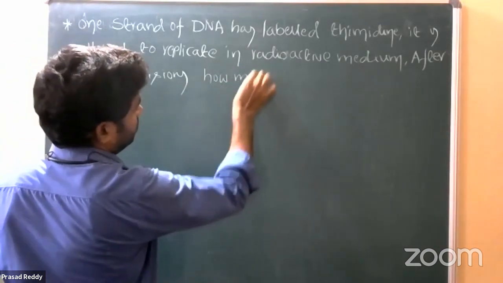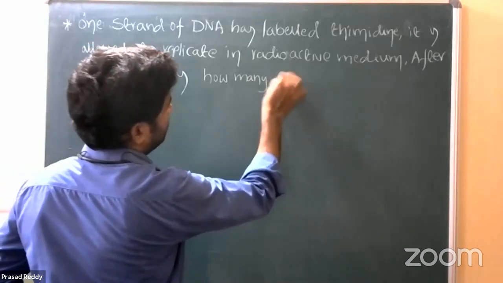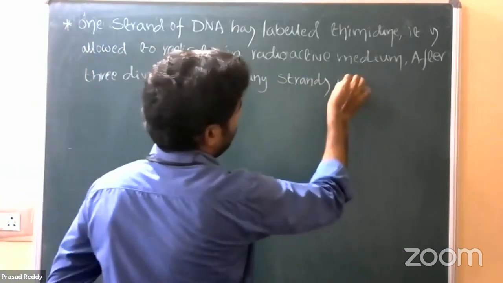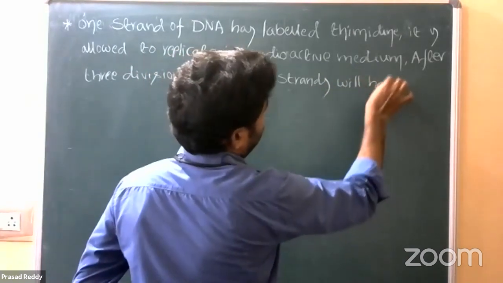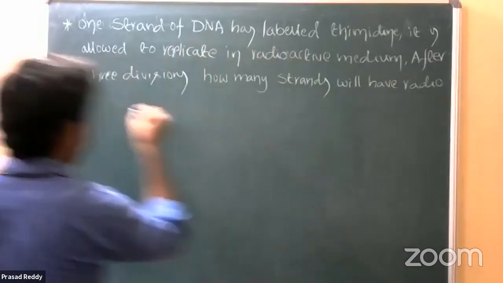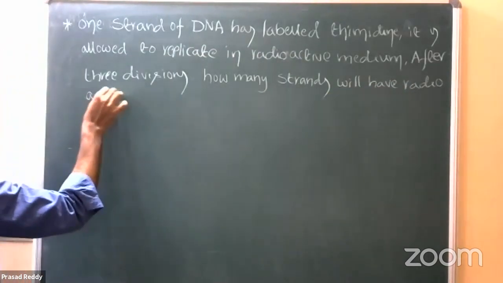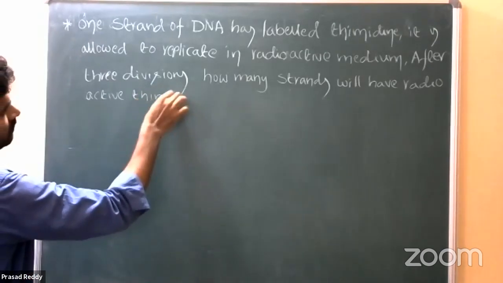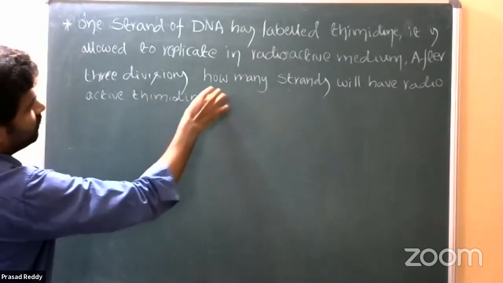How many DNA strands will have radioactive thymidine?